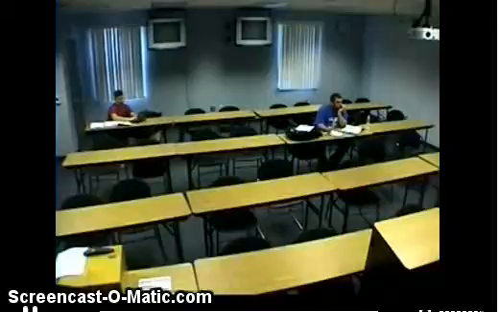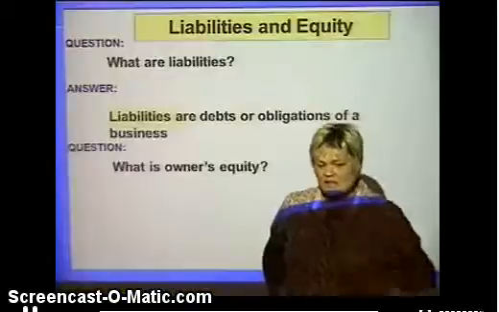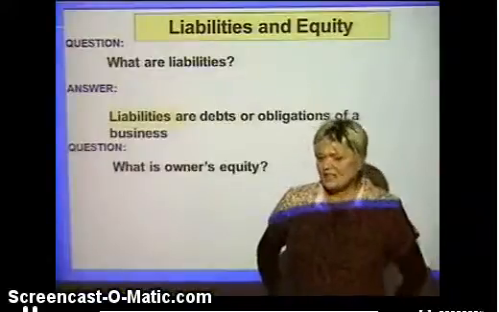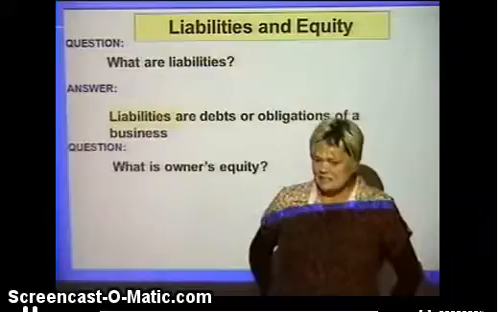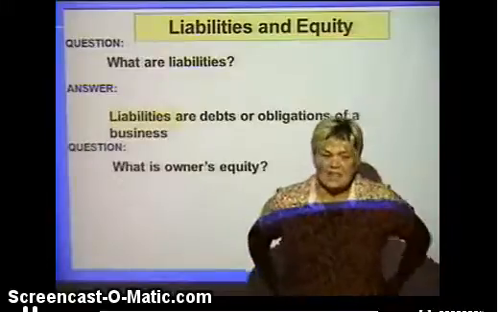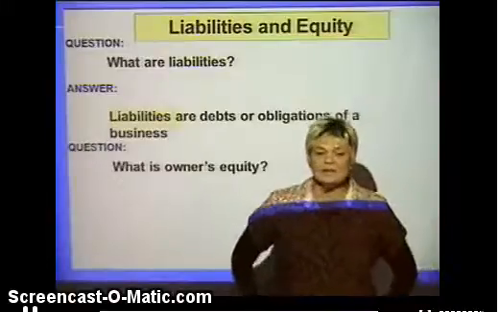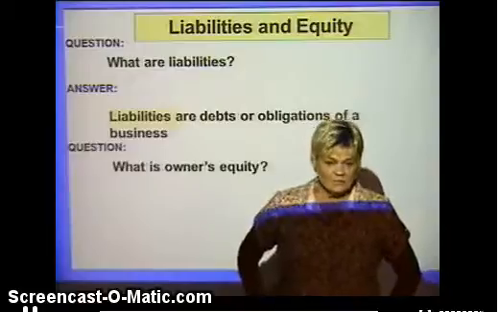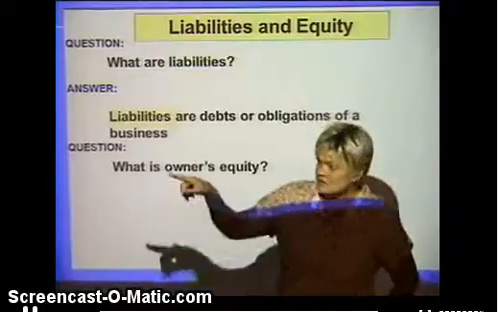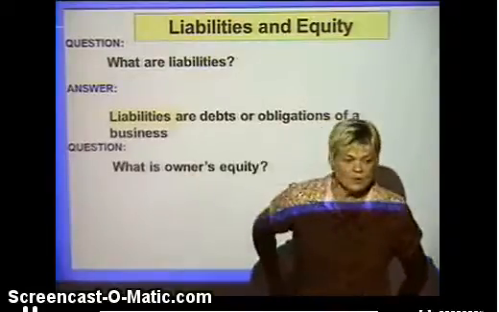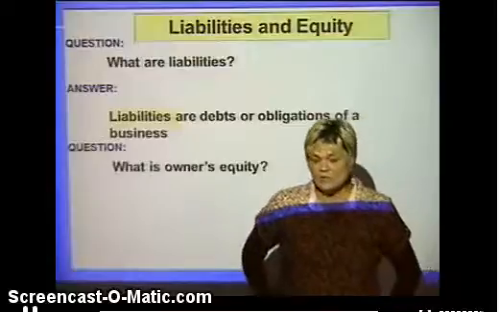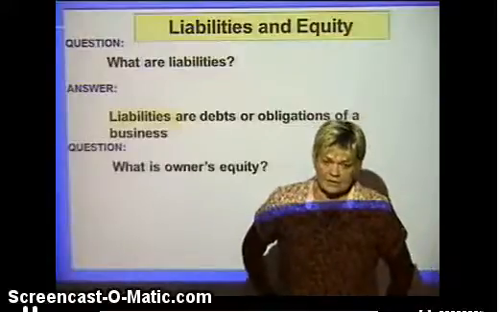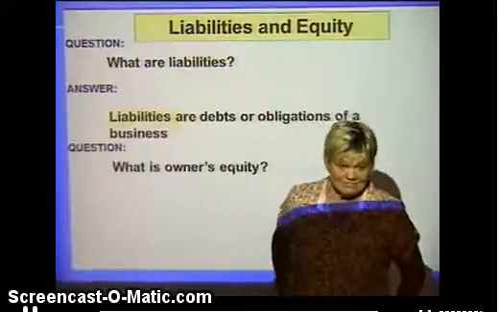Oh, somebody hit it. Yeah, what y'all say? Y'all said it too. Just everything within the business, property, supplies, equipment. The equity is the amount of the assets that the owner has full claim to. The difference between the assets and the liabilities gives you the equity, right?